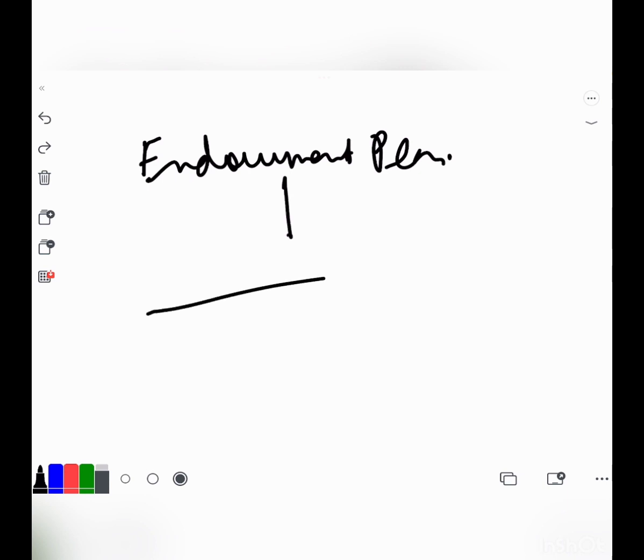For a particular term, say 5 years, 10 years, if the person dies in between, he will get a fixed sum assured.